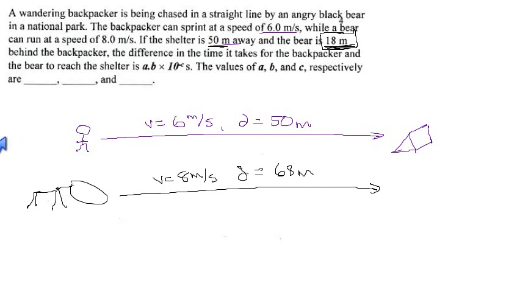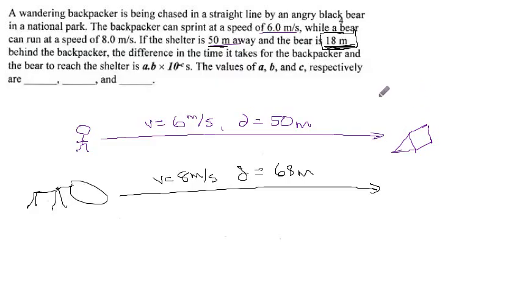Okay, I'm having trouble fitting it all in here, but they'd have to go 18 to get to where the backpacker starts and then 50 more, so 68, fair enough. And the question is, is there going to be a mauling or is there not? We need to find out how much time it's going to take for each of these creatures to get to its destination.